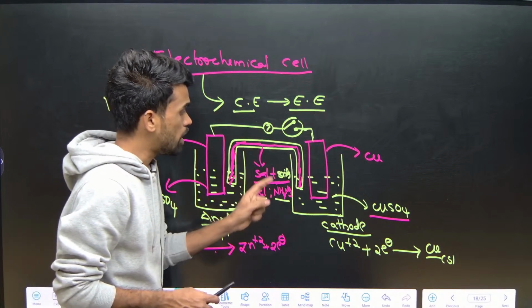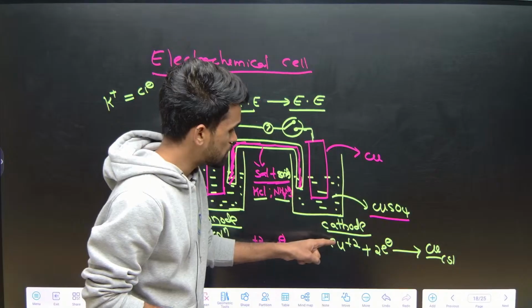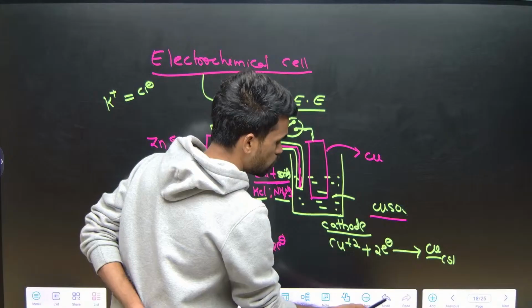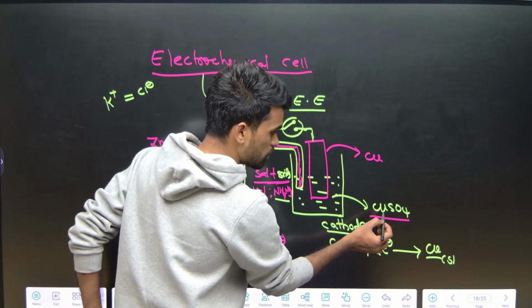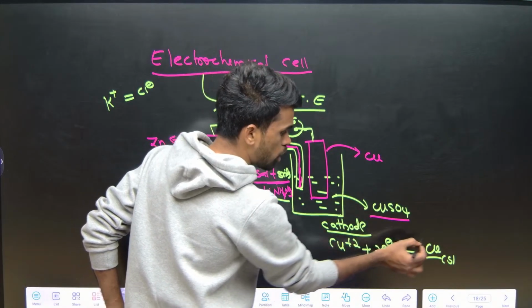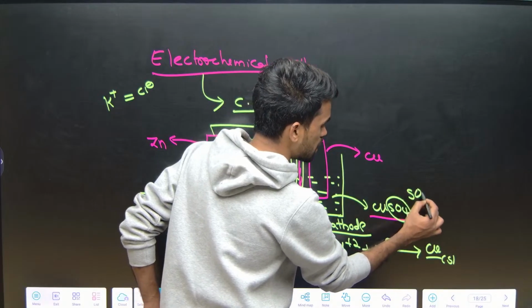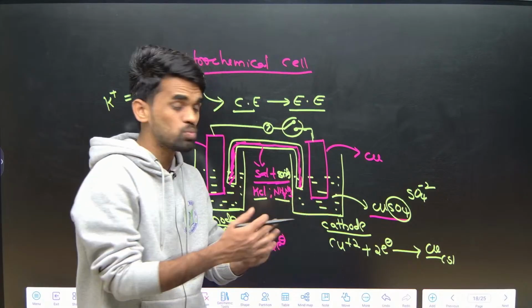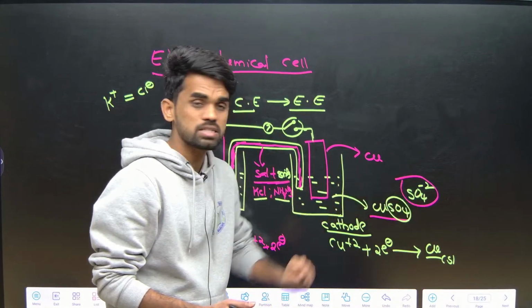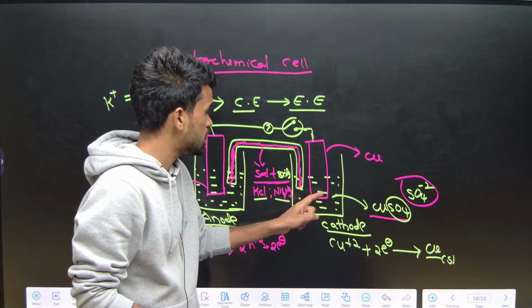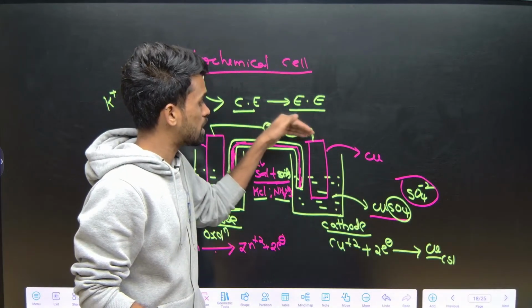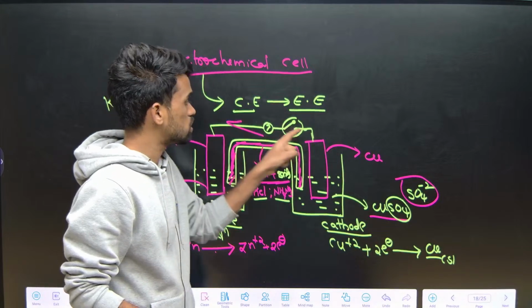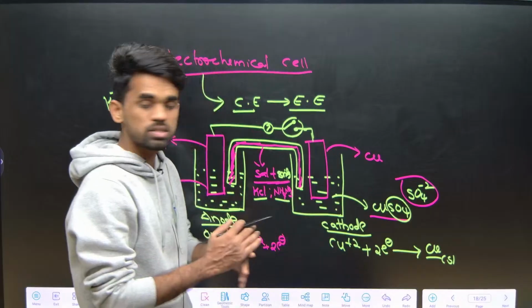Therefore, all these Cu2+ ions are converting into copper atoms right now. So out of this copper sulfate, the Cu2+ ions are converting into copper. Now what about the sulfate ions? Sulfate ions remain as they are, which means the complete solution becomes more negative, no? Because more negative ions are present. If more negative ions are present, that won't allow the entry of electrons towards the cathode, it means the cell won't work right now.